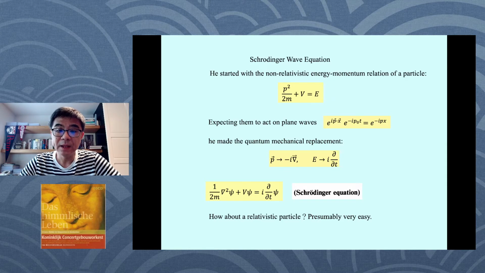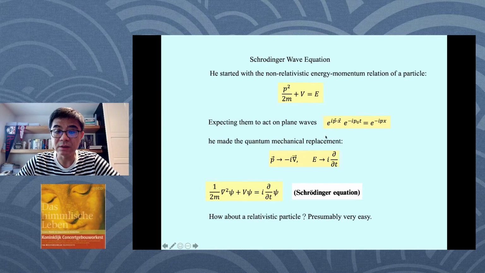material wave. And then he made the quantum mechanical replacement of p with the gradient, or the partial derivative with respect to space coordinates. And energy is replaced with the derivative with respect to time. Because if you act this gradient on the plane wave solution, the space derivative will give you a momentum.